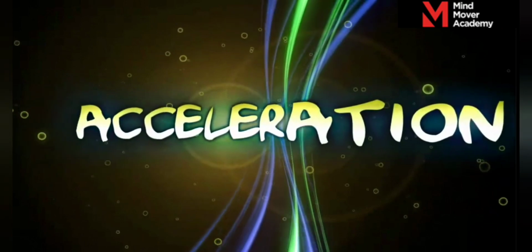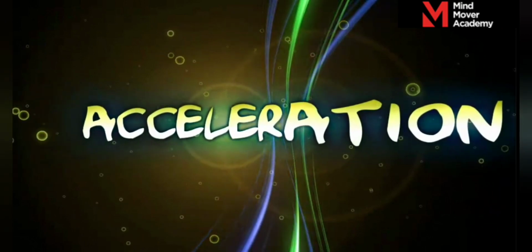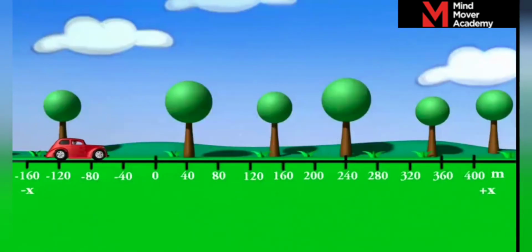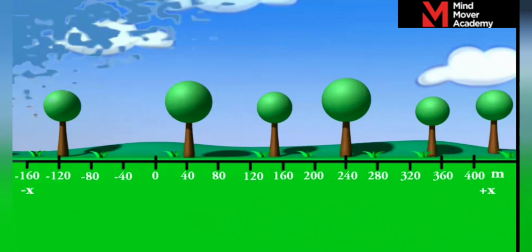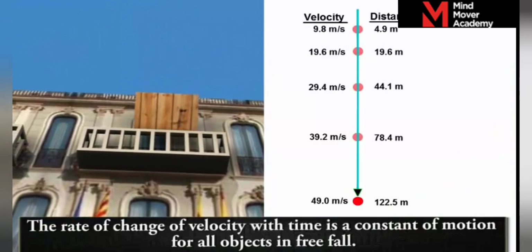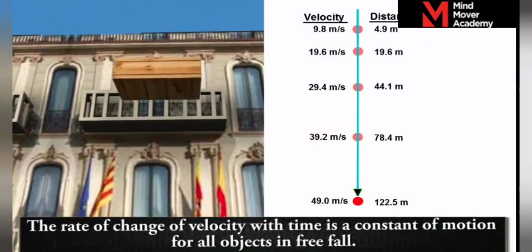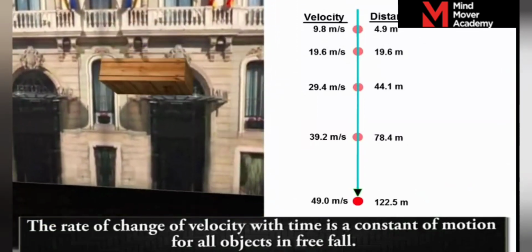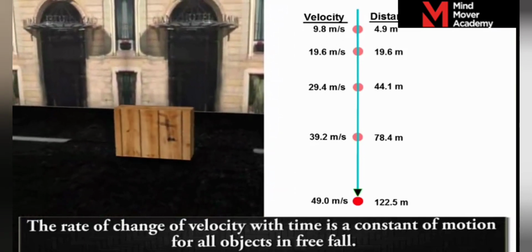Acceleration. The velocity of an object, in general, changes during its course of motion. The rate of change of velocity with time is a constant of motion for all the objects in free fall.